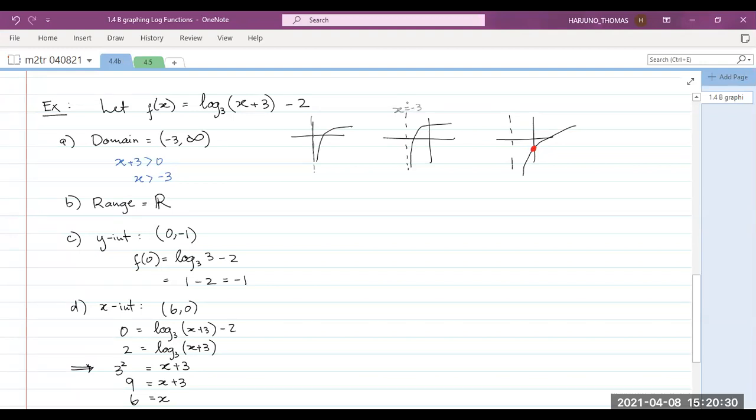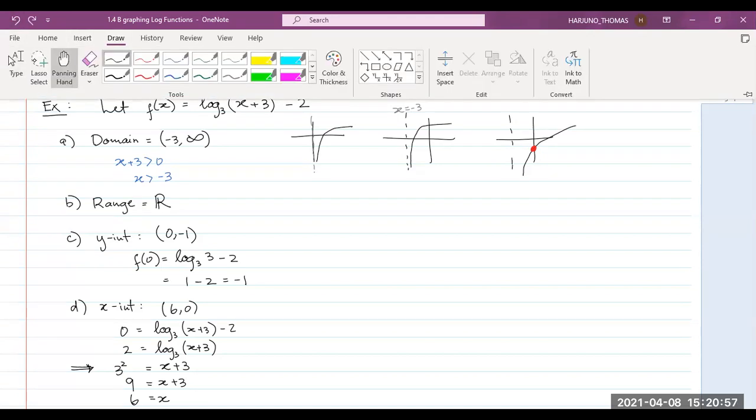Now, that's one way to look at the vertical asymptote. Another way is to take a look at what makes the argument equal to 0. Okay, and the surrounding, of course, has to be positive.